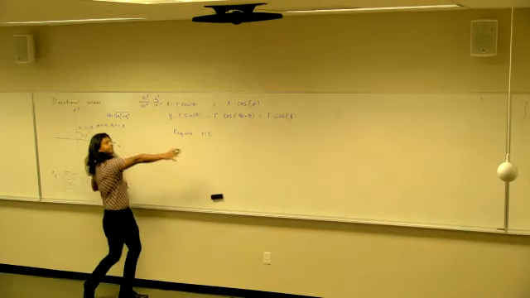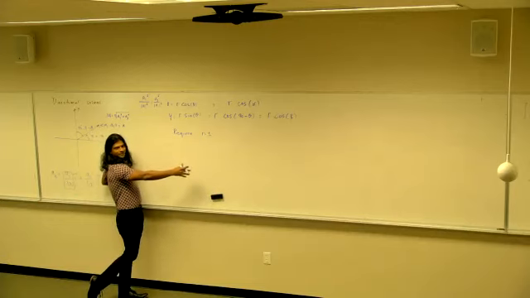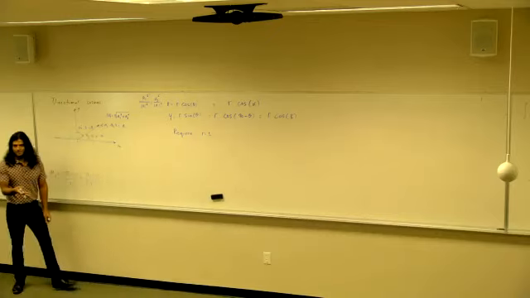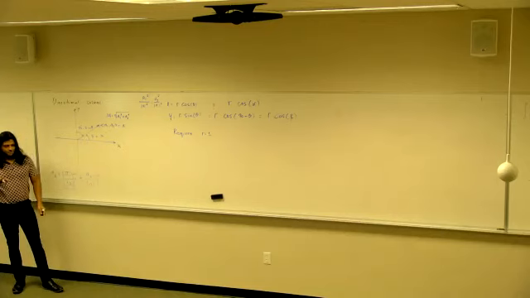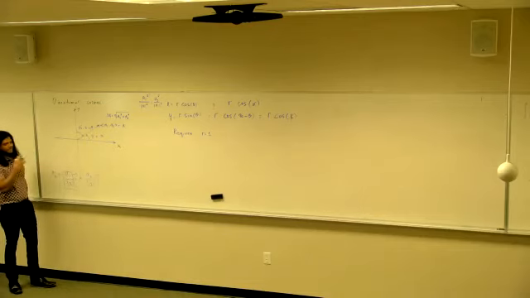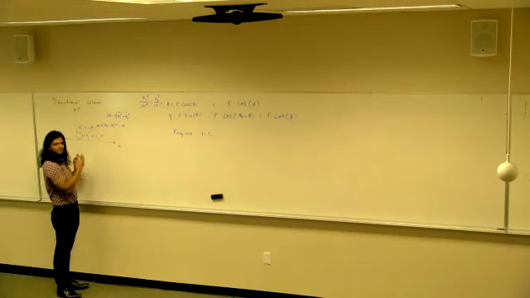Chris said simply change r to 1, and I said that's way too easy. So I did an operation: I divided both sides by r, which over here translated to dividing that vector by its magnitude.